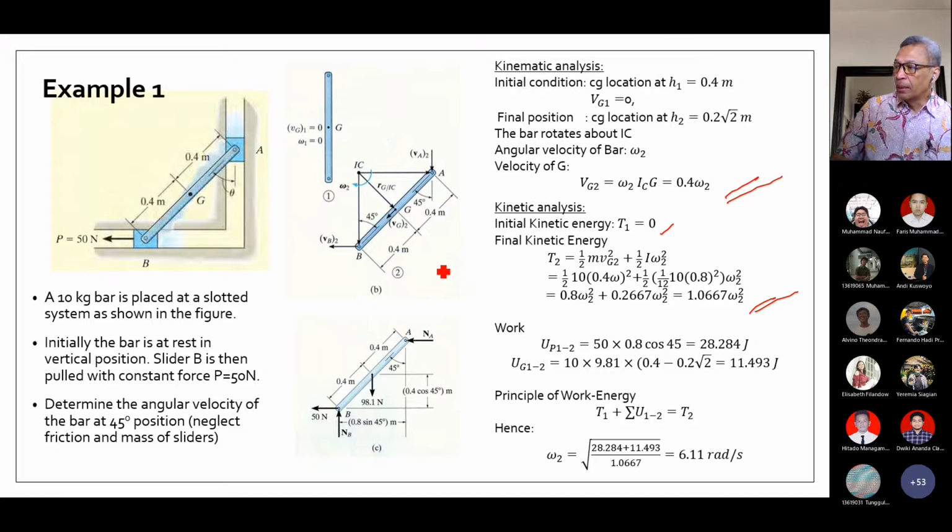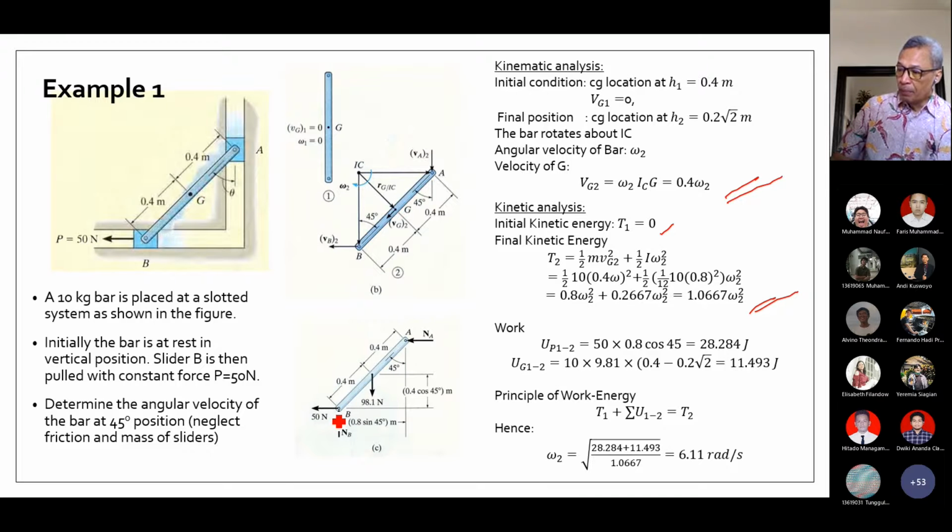Untuk kinematik analisisnya, energi kinetik awal 0, energi kinetik akhir kita akan cari. Kerja oleh gaya luar, yaitu kerja oleh semua gaya yang bekerja pada benda: ada gaya berat, ada gaya reaksi pada dinding dan pada lantai, kerja oleh gaya P di sini.